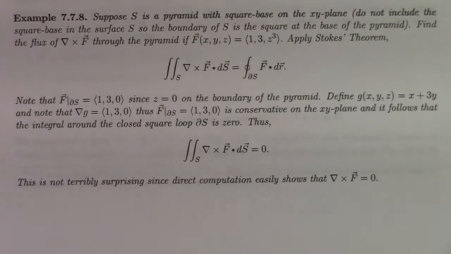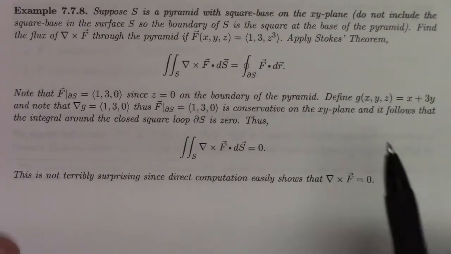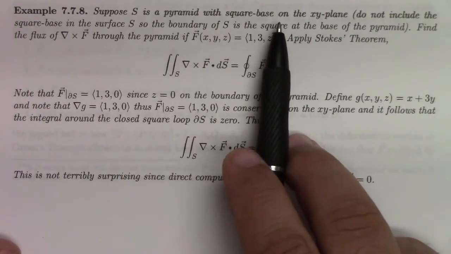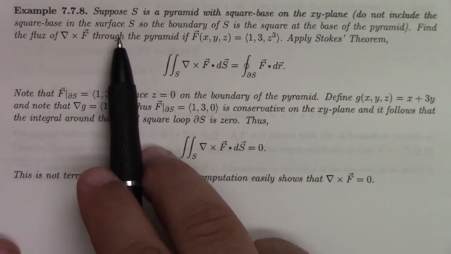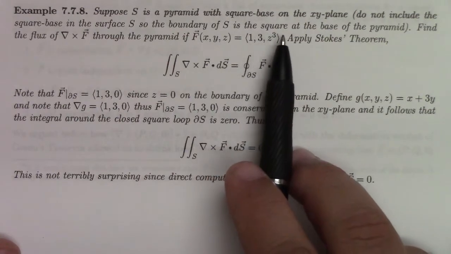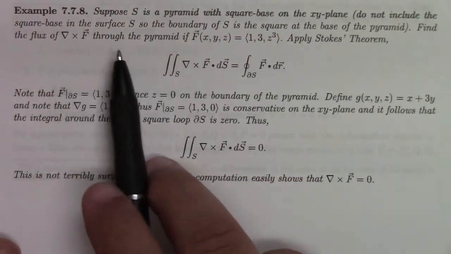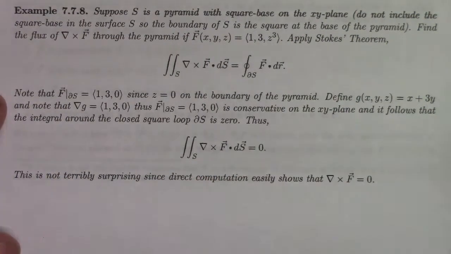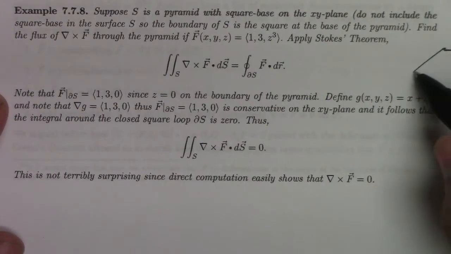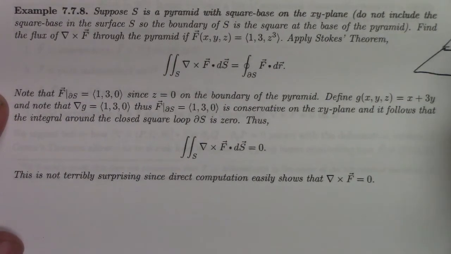So this example here, I have a pyramid with a square base on the xy plane, and the boundary of the surface is at the base of the pyramid. Find the flux through the pyramid. So the surface is like this pyramid, right? I can't draw it, I'm trying.